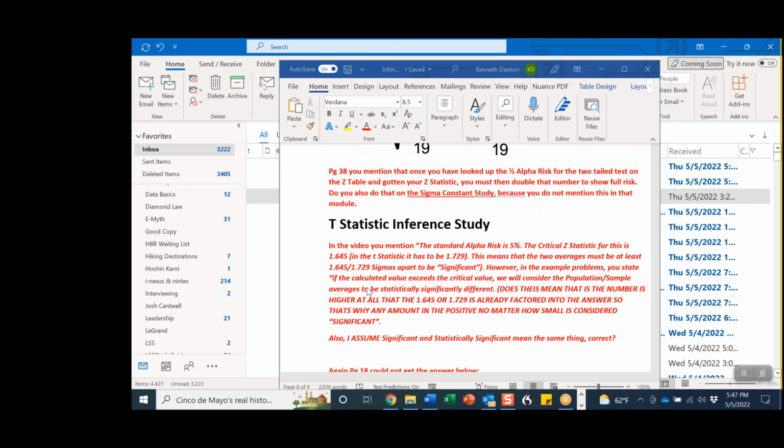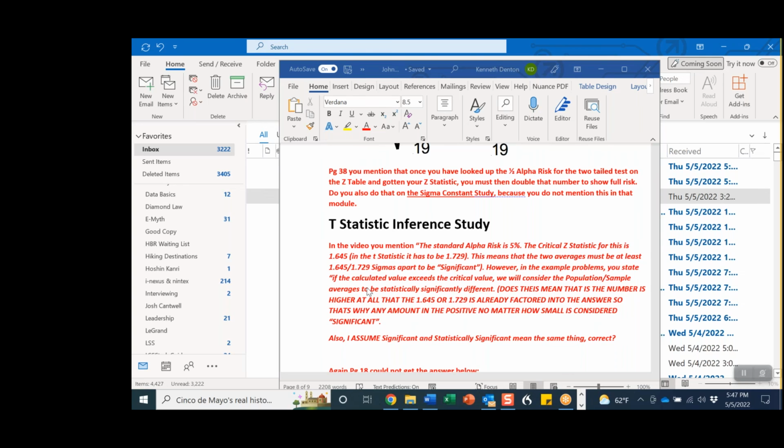You're saying it can be any number over critical. I thought the 1.645, or the alpha risk, meant that if your calculated is over your critical by less than 1.645, then it's not considered significant.